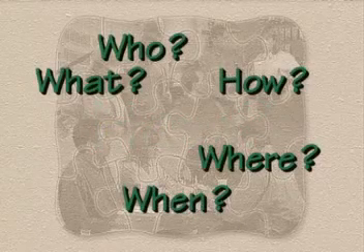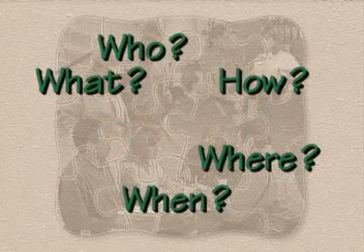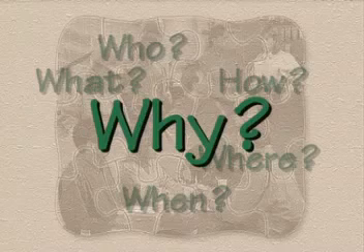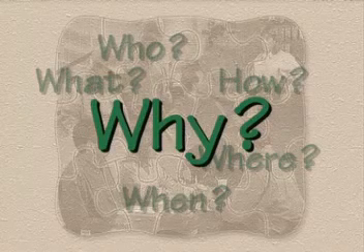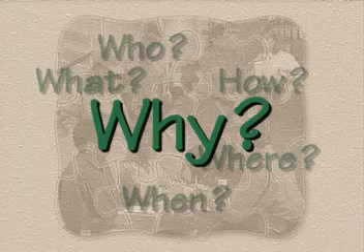Where? Where does the problem happen? How? How is the problem being handled now? Once these questions are answered, the last question is, why does the problem exist? In general, however, it is not necessary to answer these questions in any particular order.